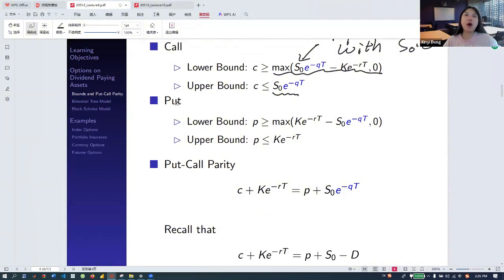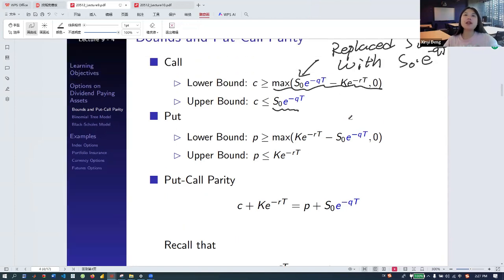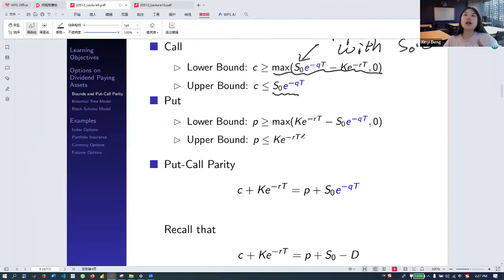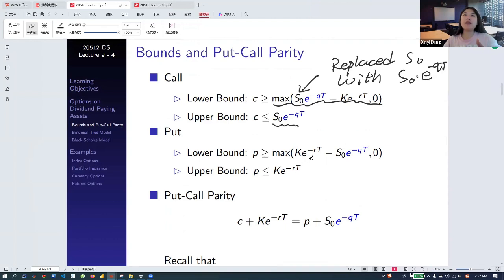Then for the put options, we recall that the lower bound was K times e to the power of minus RT minus S0, or actually the maximum of this term I just described, or 0.